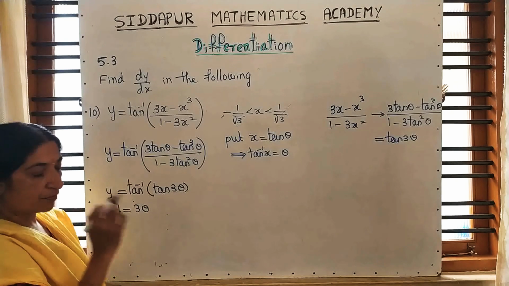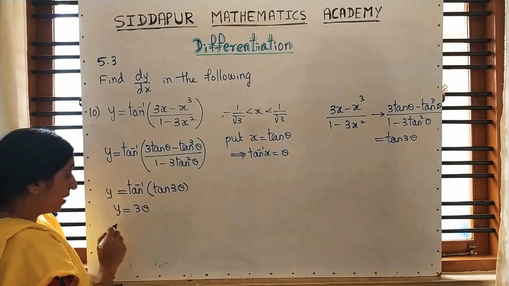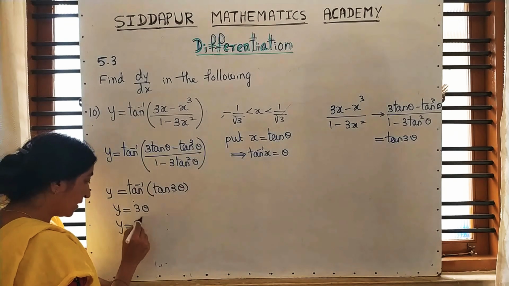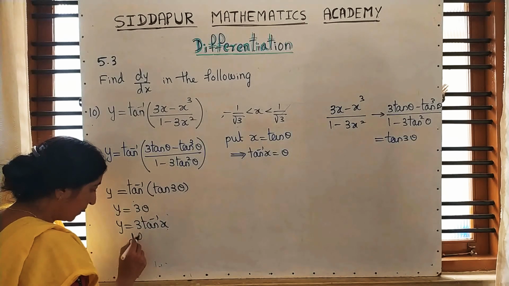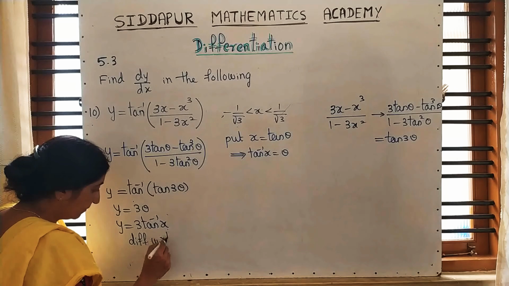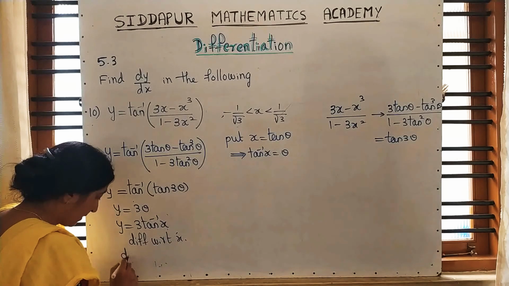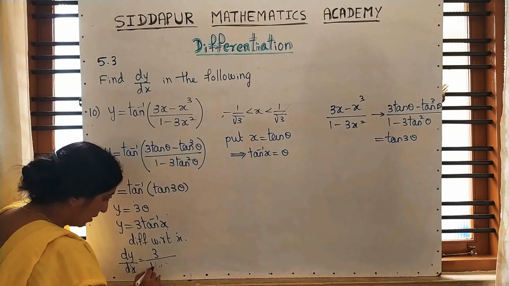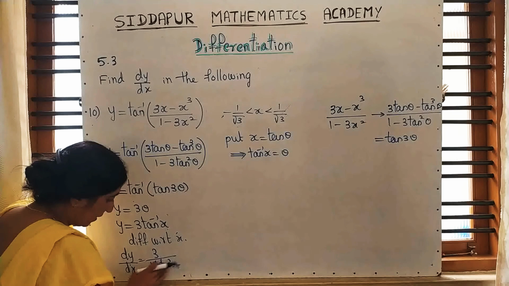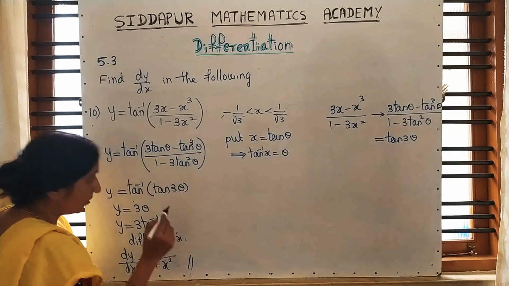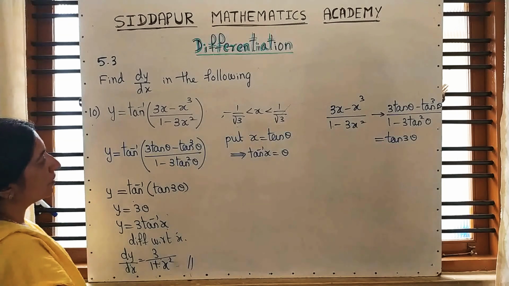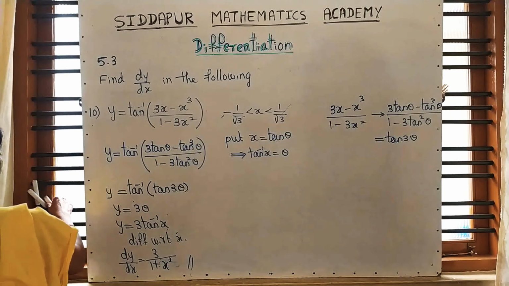Whatever I explained in the previous example. And what is theta here? Theta is nothing but tan inverse x. Again differentiate here. Dy upon dx is equal to 3 upon 1 plus x square, because theta is tan inverse x. This is the answer. See, is it very simple or what? When will it be very simple?